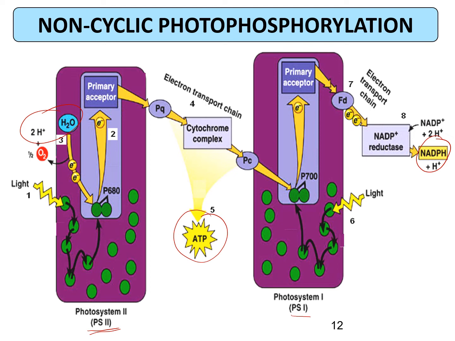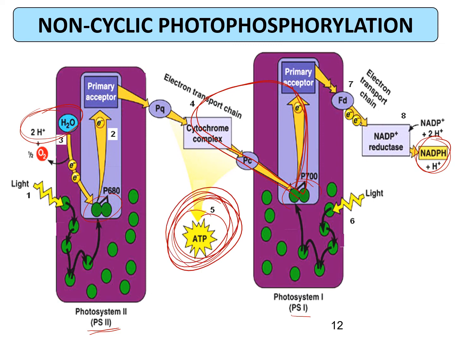The same thing is that both cyclic and non-cyclic involve photoactivation and photophosphorylation, but in cyclic there will be no photolysis of water and no production of NADPH. So for cyclic, it starts here, so more ATP will be produced.